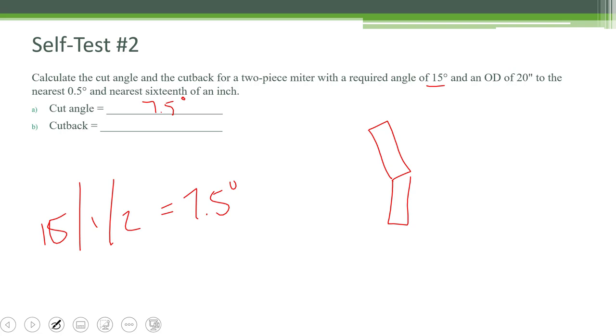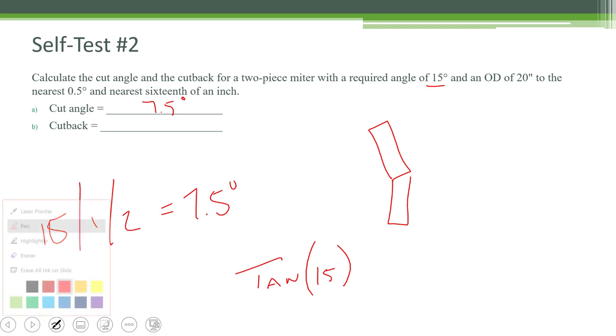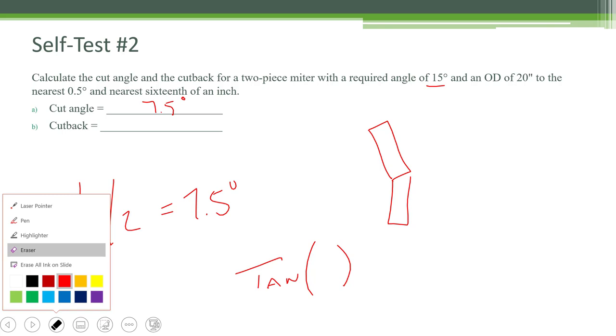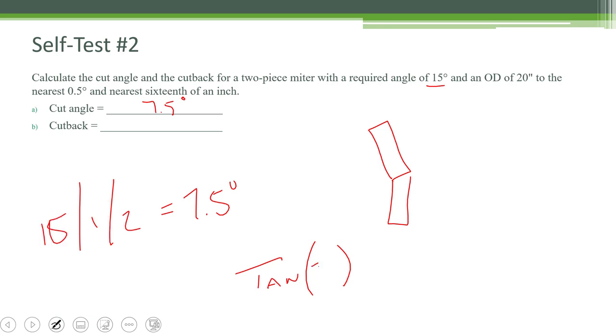Okay, and for the cutback, if you want to learn how I do it more in depth, you can rewatch the lecture video, but I just go the tangent of 7.5, because that's our cut angle, equals, I don't know, over the outside diameter, which is 20 inches, and I divide all of that by 2.